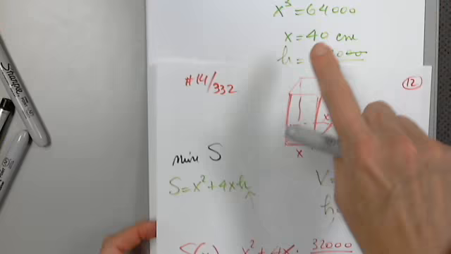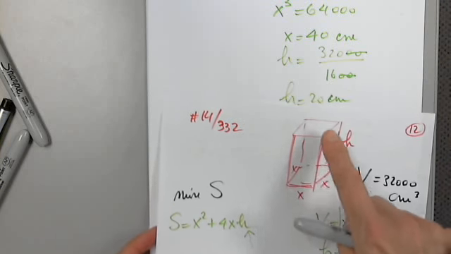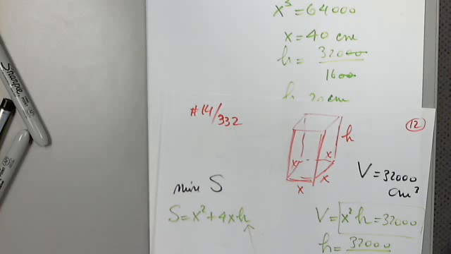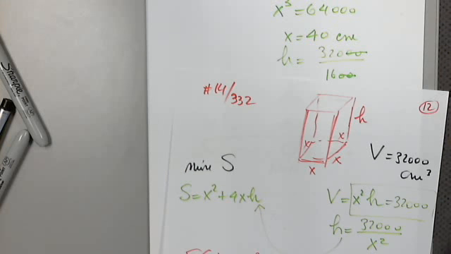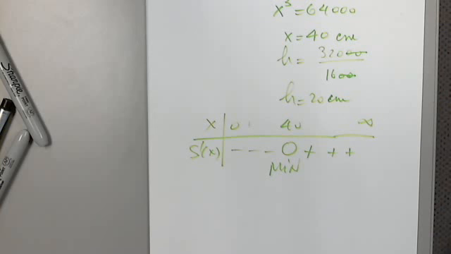I will plug in 40 squared plus 4 times 40 times 20 to find the area that is the minimum. Any questions?